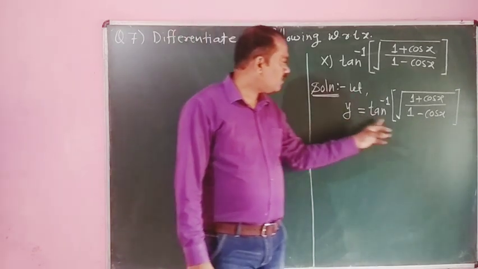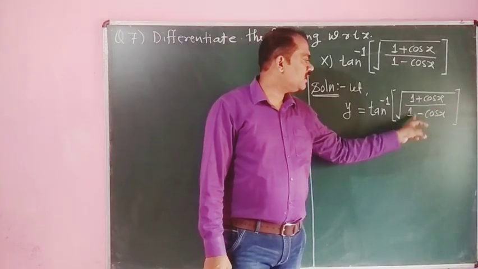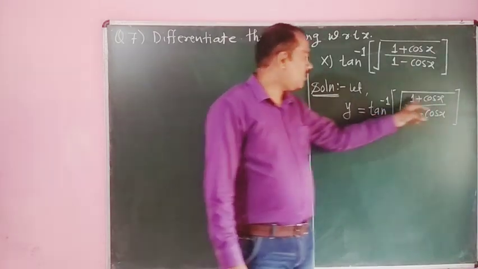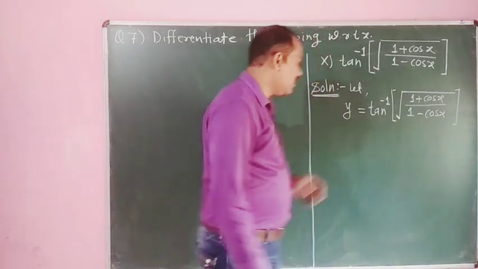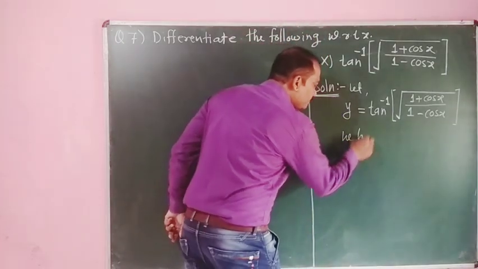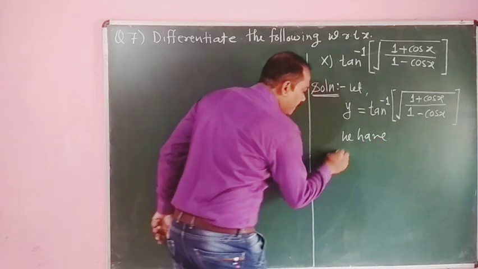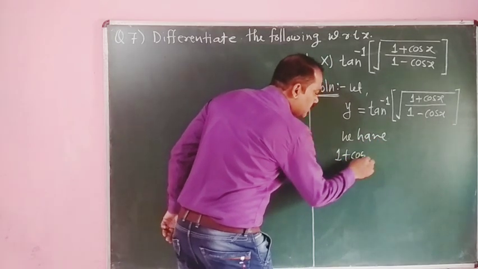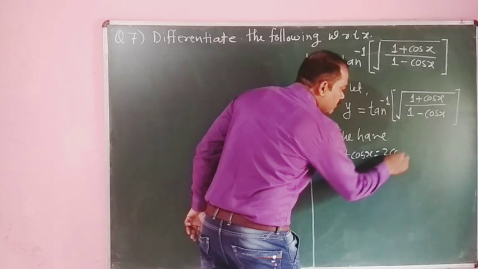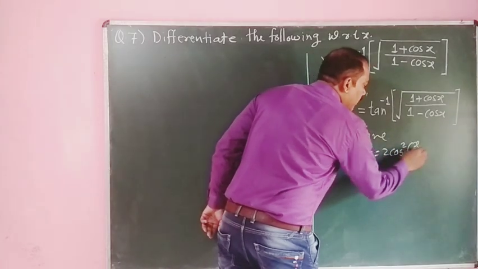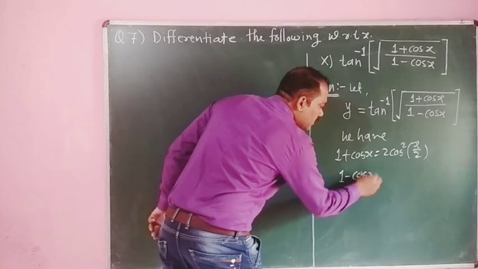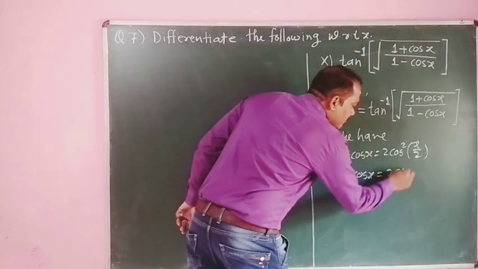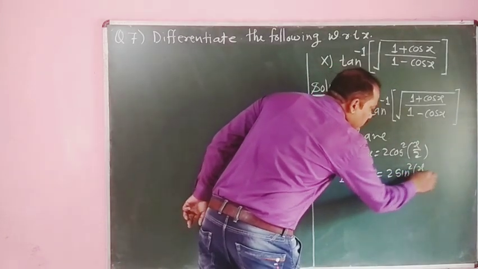Now y is equal to tan inverse of root of (1 plus cos x) divided by (1 minus cos x). We already know the values of 1 plus cos x and 1 minus cos x. 1 plus cos x is equal to 2 times cos square x by 2, and 1 minus cos x is equal to 2 times sin square x by 2.